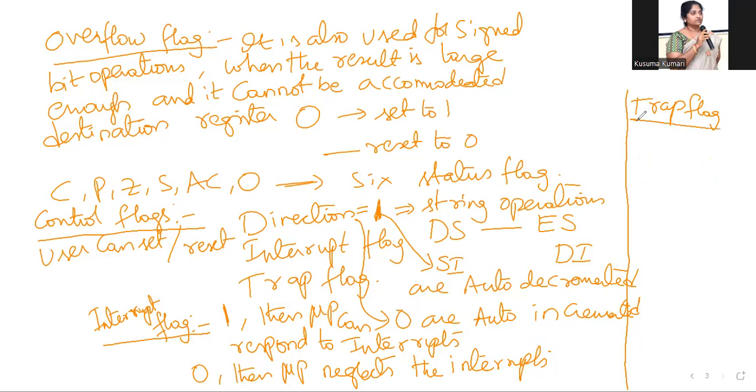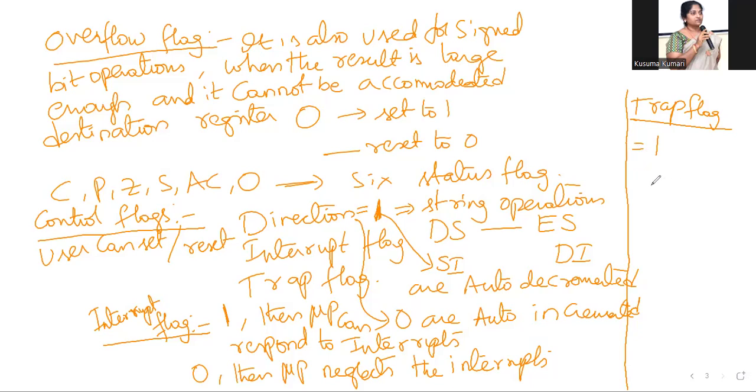The user can set or reset this flag. Suppose the trap flag is equal to 1, then what happens? The microprocessor undergoes the single step execution process.